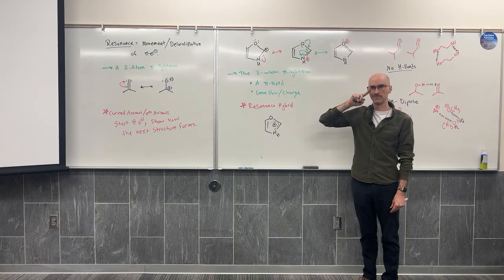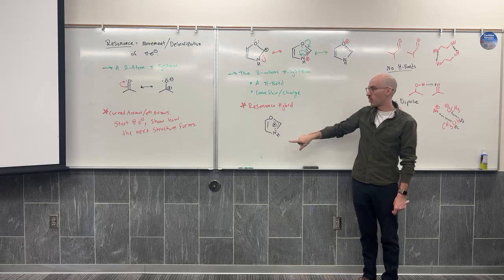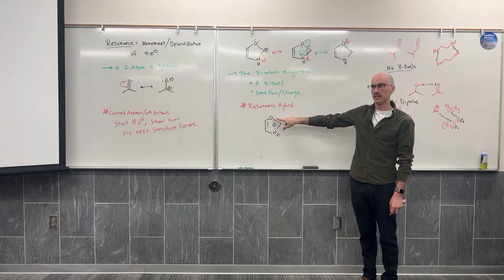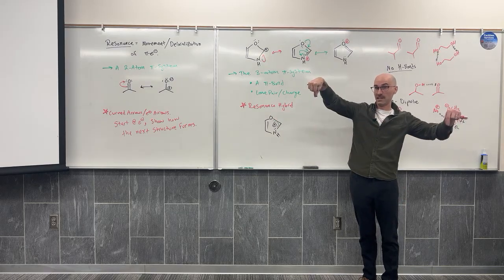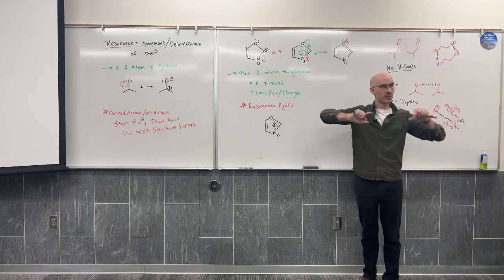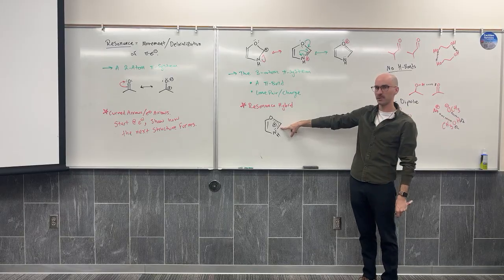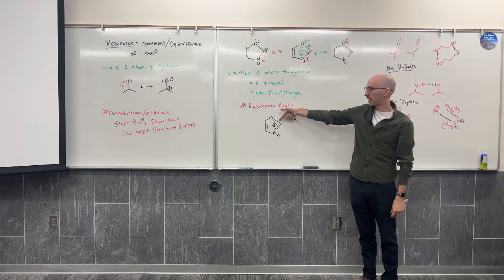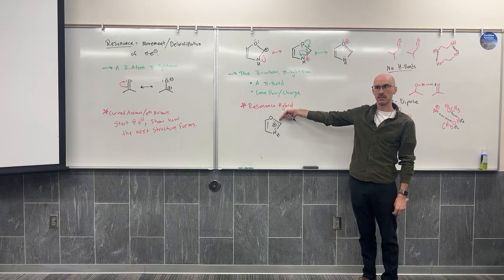How fun. Notice that I've got a double bond here that is spread out over 2 bond lengths. So it becomes a bond and a half between carbon and nitrogen and a bond and a half between carbon and oxygen. It's not a double bond in either place.